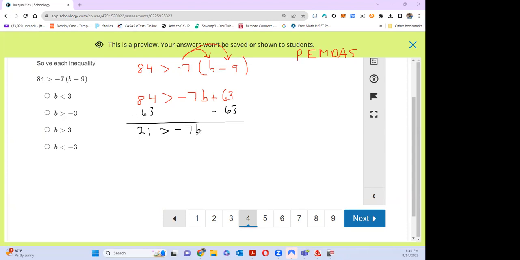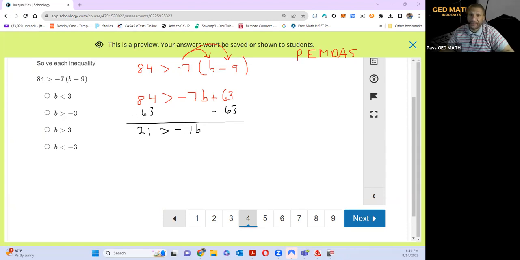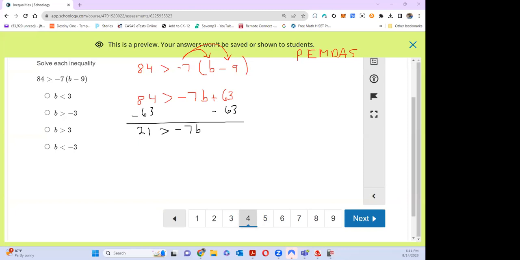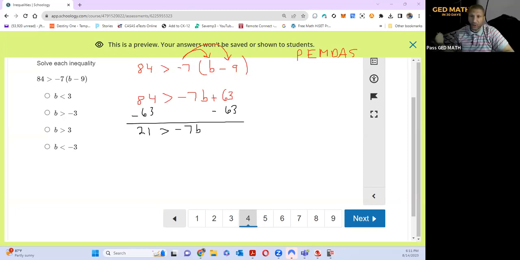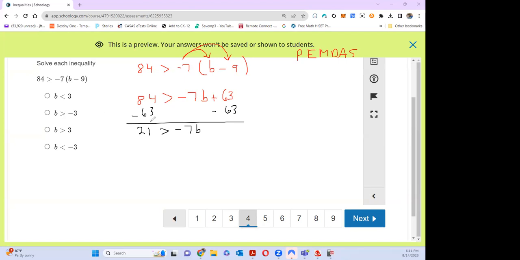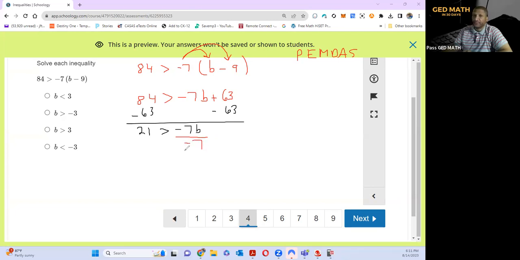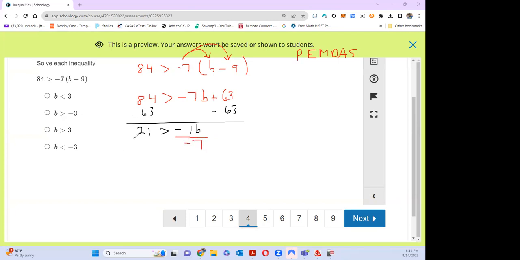These two next steps are the biggest mistakes that people make when solving inequalities. First of all, in order to solve for b, b is still not by itself. So what we see is minus 7b, which is minus 7 times b. What is the opposite of multiplication? Division. So I need to divide both sides by what? Minus 7.